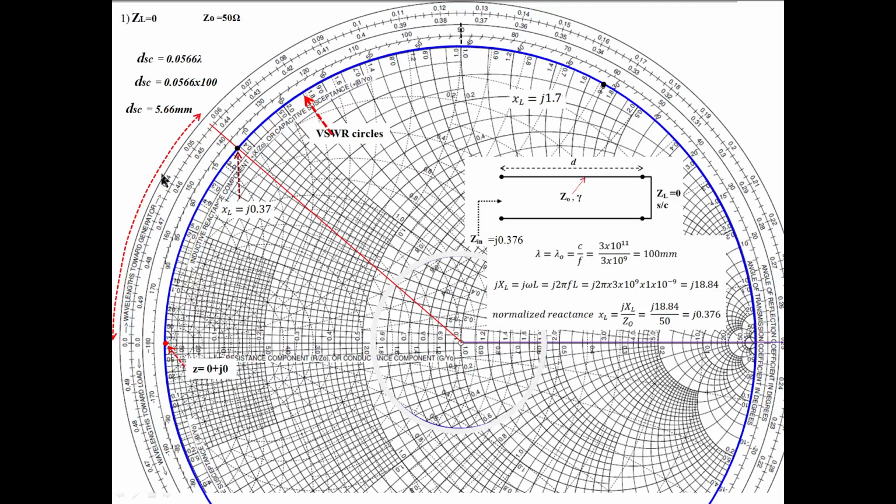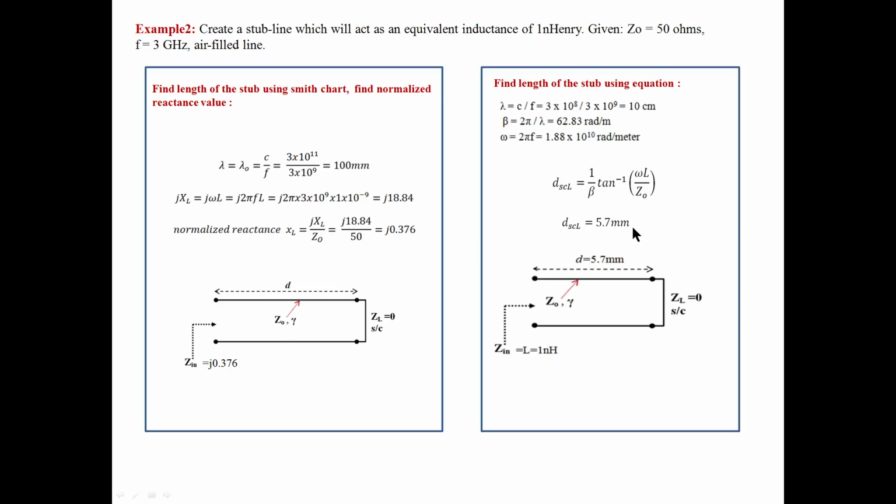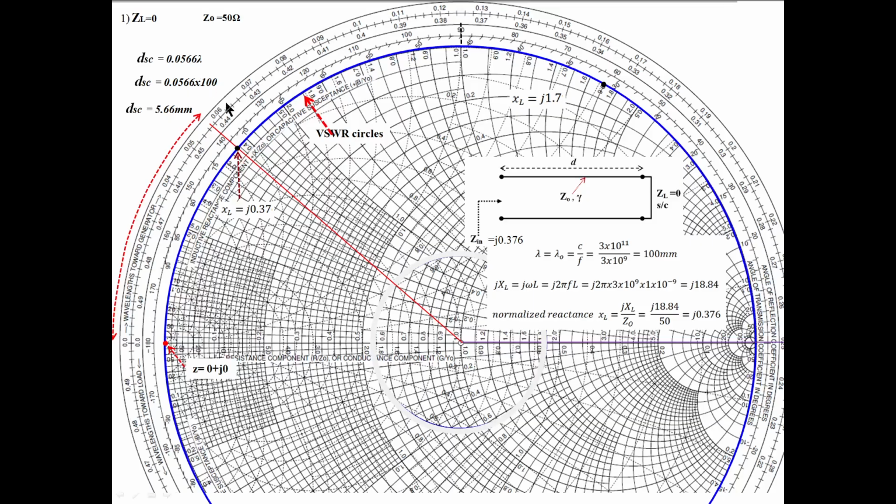So that is the distance from here to here. We moved like this, wherever the reactance was found we stopped and measured the distance. Multiply by lambda, which is 100 mm here, since 10 centimeter means 100 mm. So that is 5.66 mm.